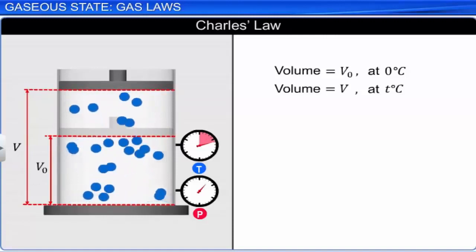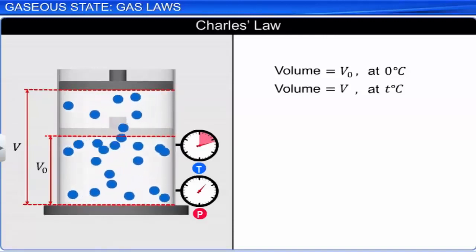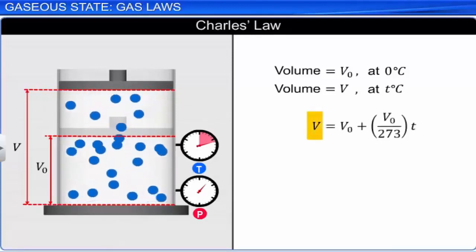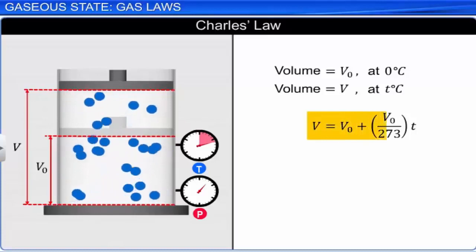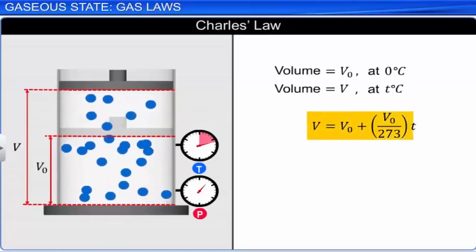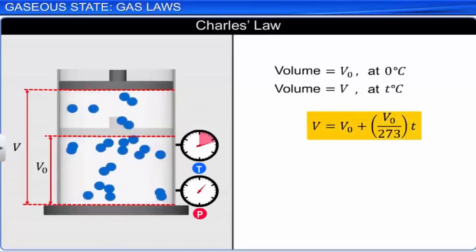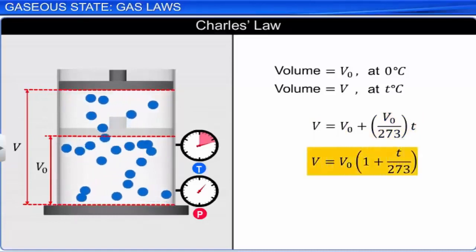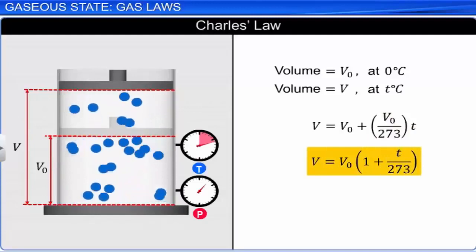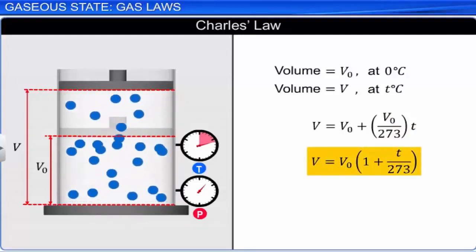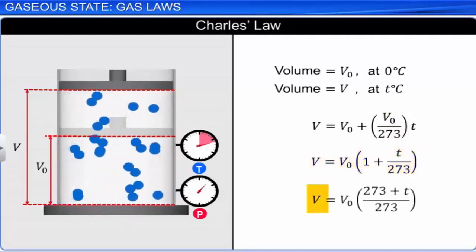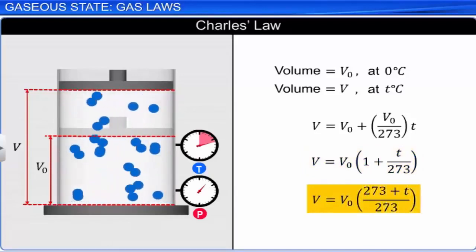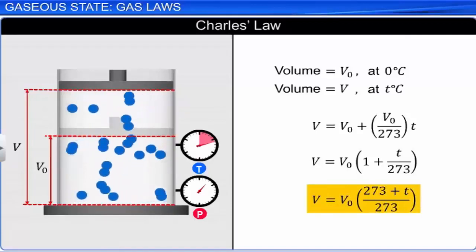Then, volume V at temperature T is equal to V0 plus V0 divided by 273 into T. Or V is equal to V0 into 1 plus T divided by 273. Or V is equal to V0 into (273 plus T) whole divided by 273. Let this be equation 1.